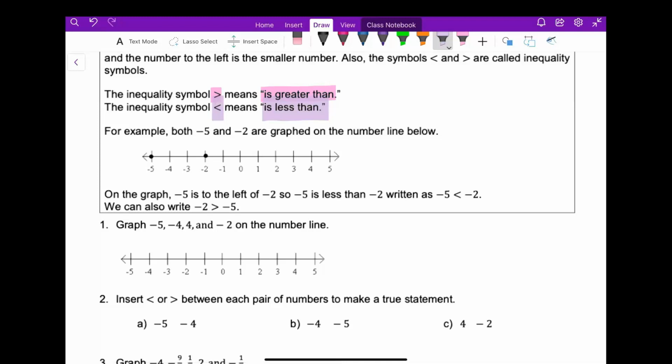It says, for example, -5 and -2 are graphed here for you. On the graph, -5 is to the left of -2.